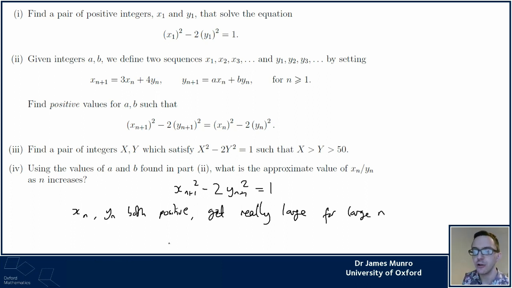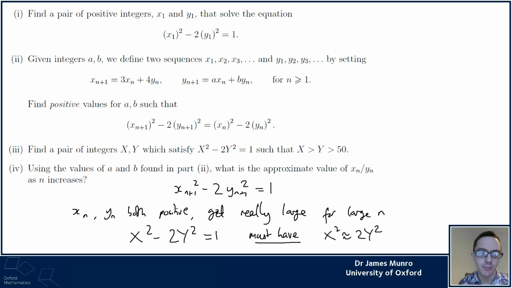So we've got x squared minus 2y squared equals 1. x squared and 2y squared are both massive, so we must have x squared roughly equal to 2y squared. These things are both like a million billion or something, right? And the difference between them is 1.